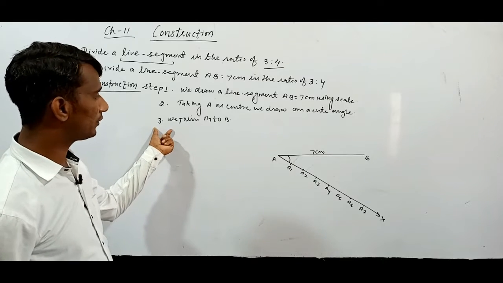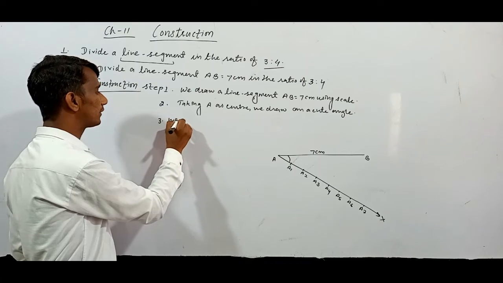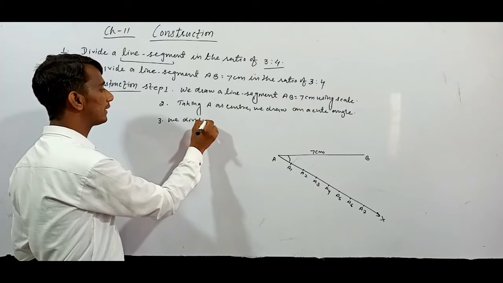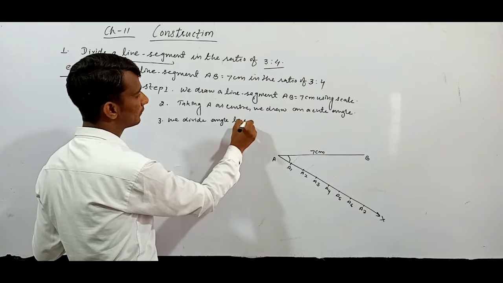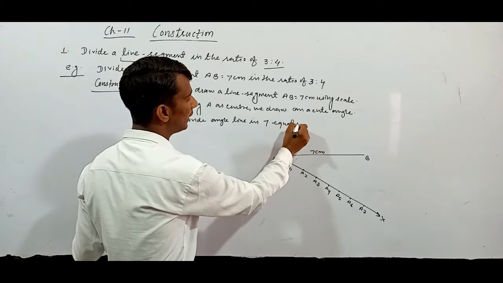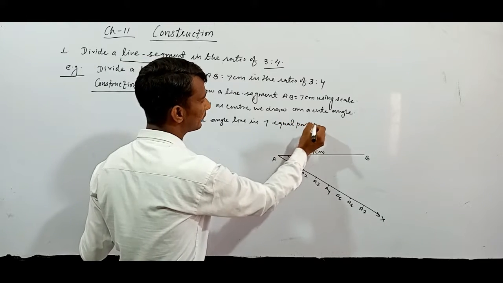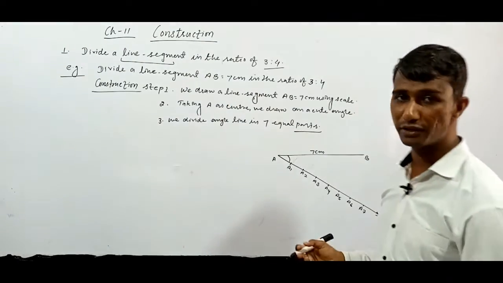In the third step, what do we do? Here first you write, we divide the angle line in 7 equal parts. For 7 equal parts you can take a length of 1 centimeter.